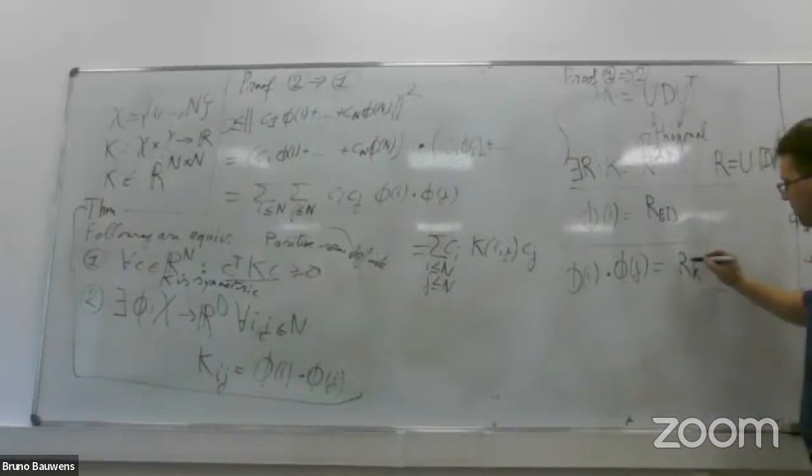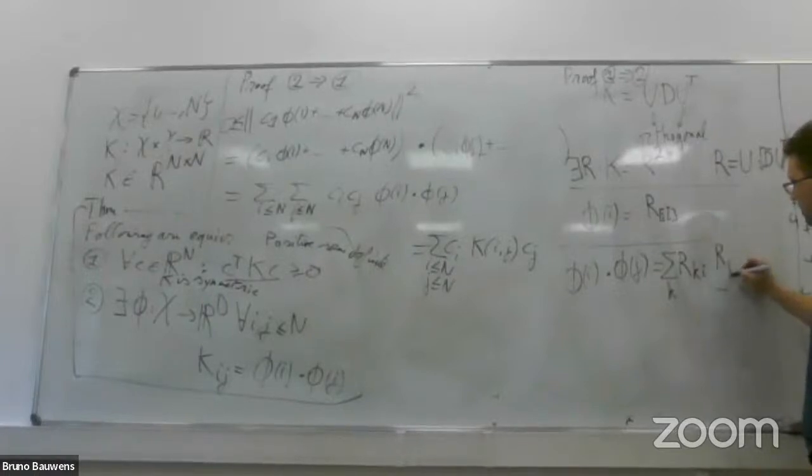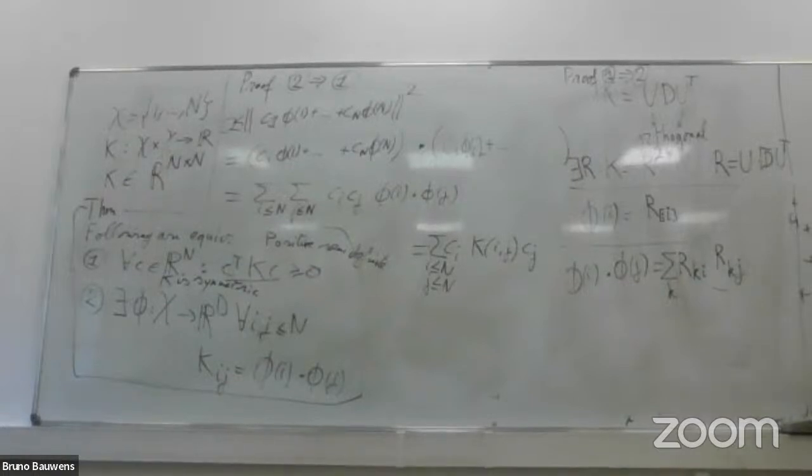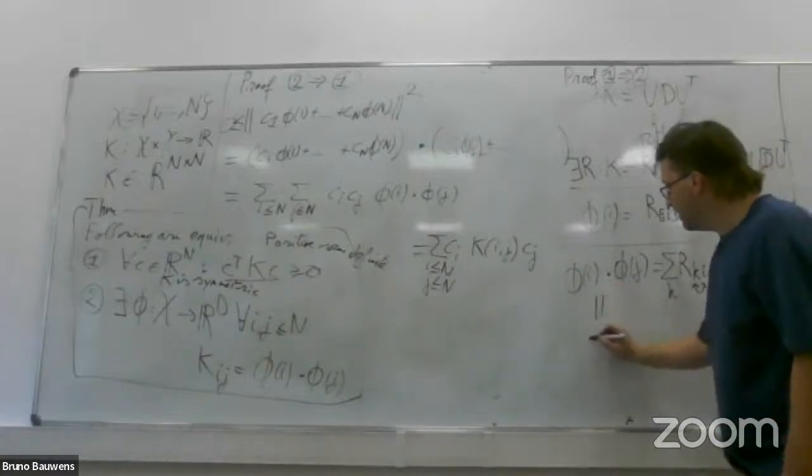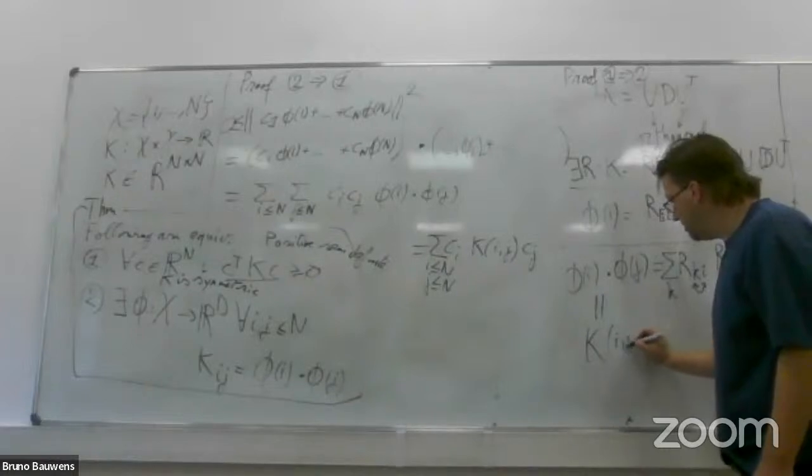We take the sum over a of R_ia R_aj. You can just say that K is R squared, so R times R transpose, so the ij element. We can flip the indices because R is symmetric.